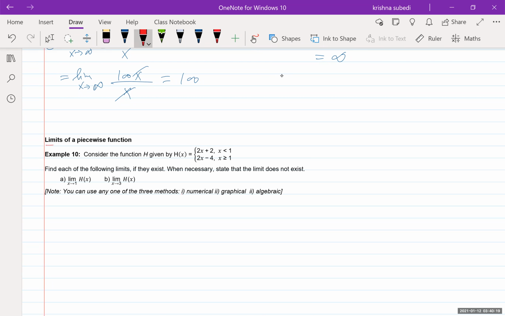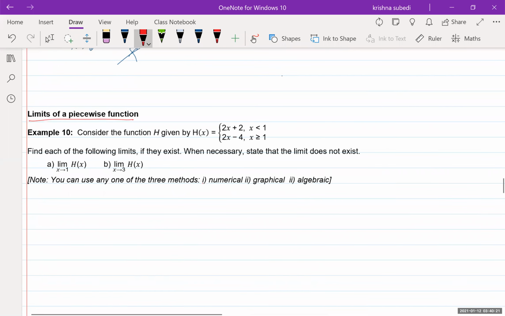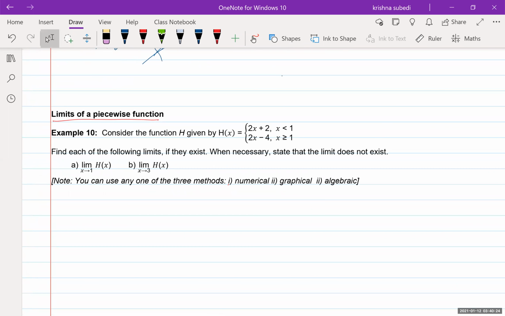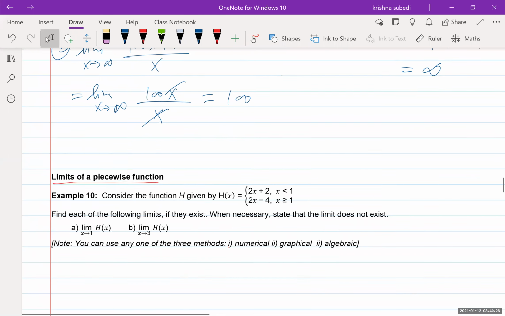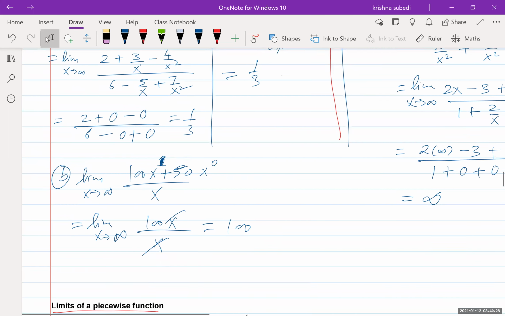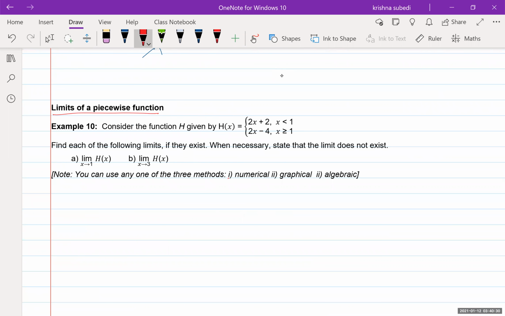Limit of a piecewise function. So far, we dealt with limits of non-piecewise functions, okay? But when we are given a function which has two pieces, let's say h of x equals 2x plus 2 when x is less than 1, and 2x minus 4 when x is greater than or equal to 1, how do we evaluate the limit?